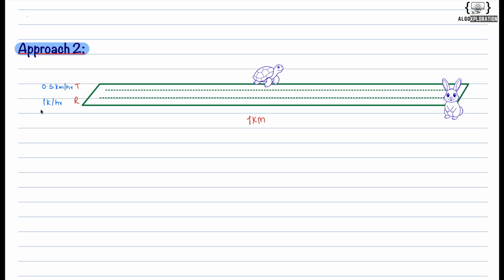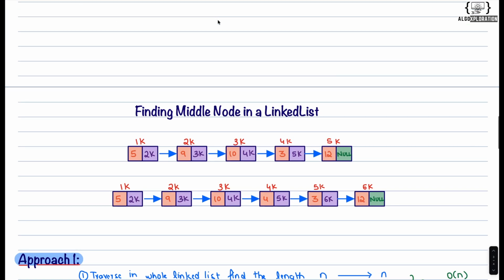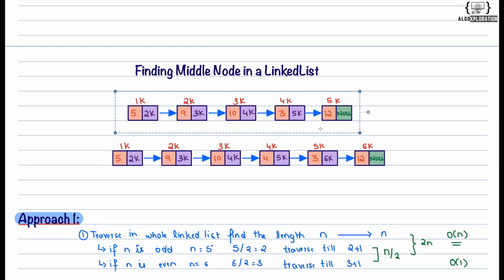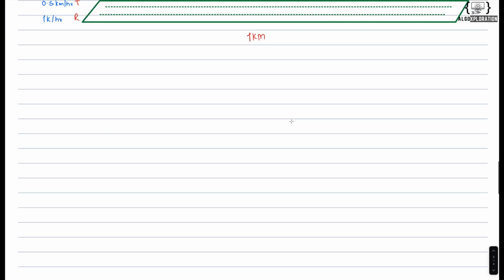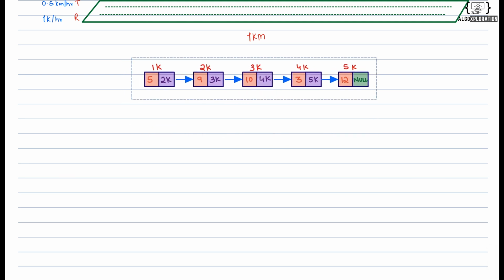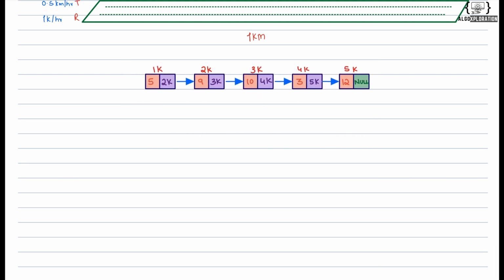With this analogy, if I have a linked list, I will have 2 pointers, let's say p1 and p2. p1 takes a jump of 2 at a time, but p2 takes a jump of only 1.